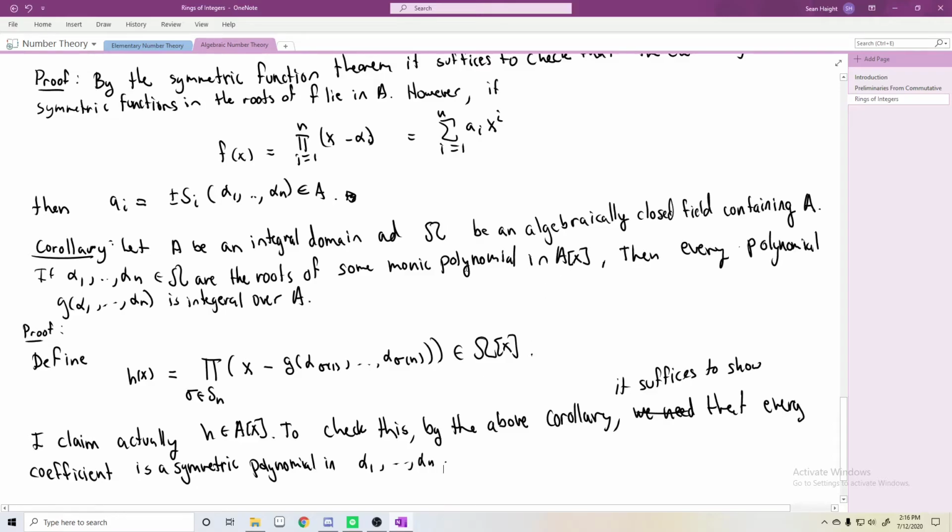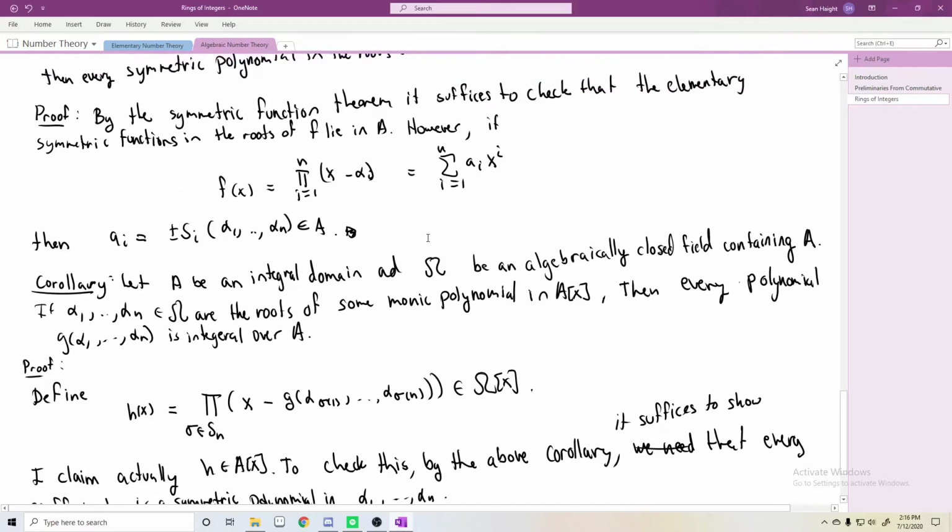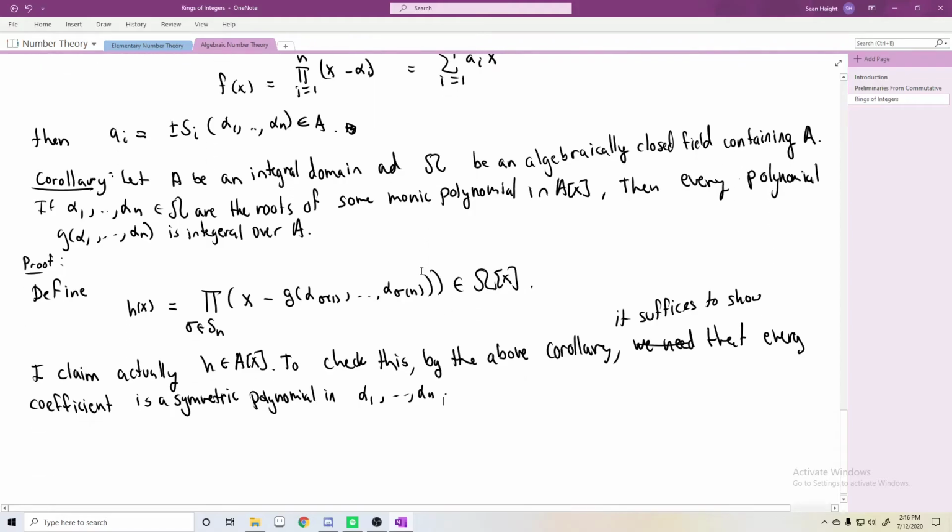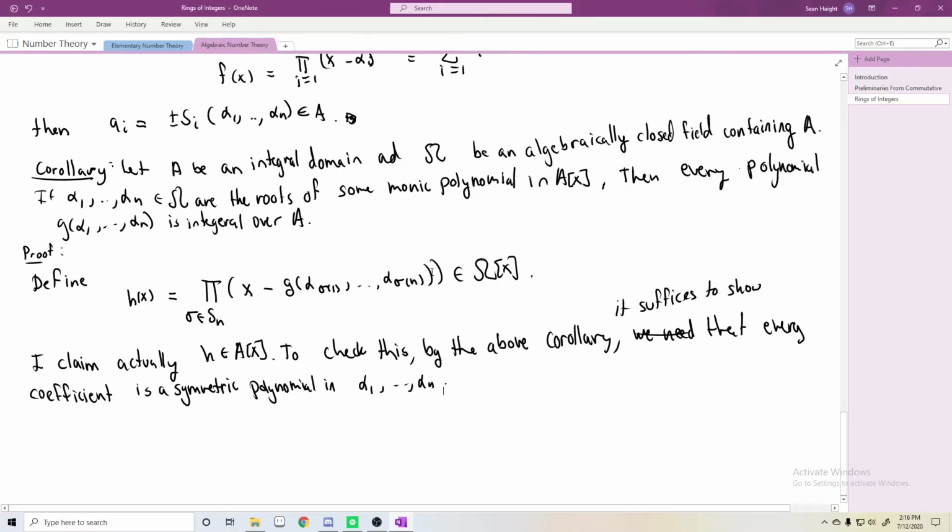Okay, so remember that symmetric polynomials in the roots live in A because each alpha i is the root of some monic polynomial with coefficients in A.